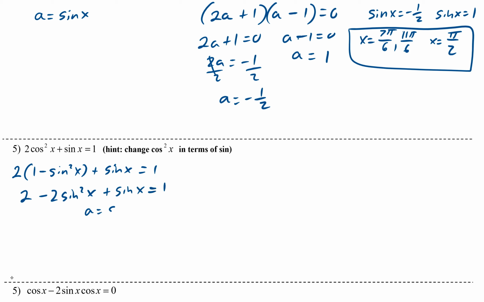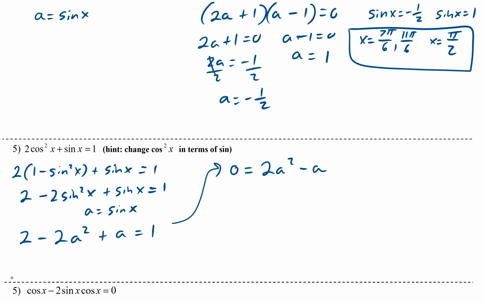Use our a equals sine x and say 2 minus 2a squared plus a equals 1. And then now we have our quadratic. So I'm going to move all of these over to the other side so that I can keep my a squared positive. So this would now be 0 equals 2a squared, because it was negative, so now it's positive. Positive a would become minus a.